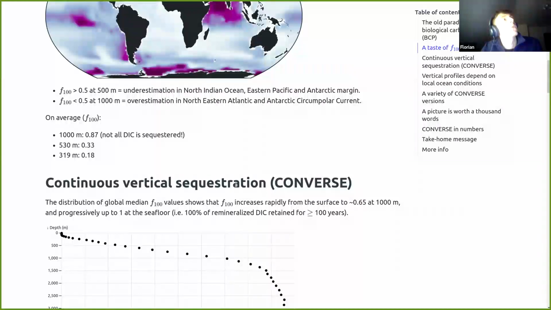But in terms of forecasting, it could be used, obviously, but it depends on the time scale of the forecast, because the current values of the F100 are for the current ocean, and I don't know what the values would be if you look at the next 50 or next 100 years. So yeah, I'm not sure.